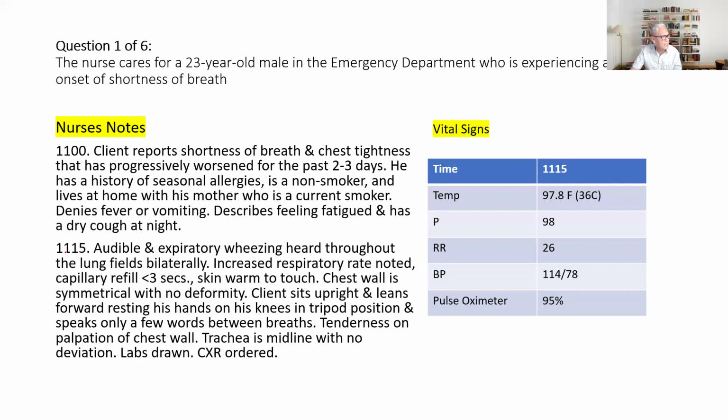At 11:15, there's audible expiratory wheezing heard throughout the lung fields bilaterally. There's increased respiratory rate, capillary refill less than 3 seconds, skin warm to touch, chest wall is symmetrical. Client sits upright and leans forward, resting his hands on his knees in tripod position, and speaks only a few words between breaths.